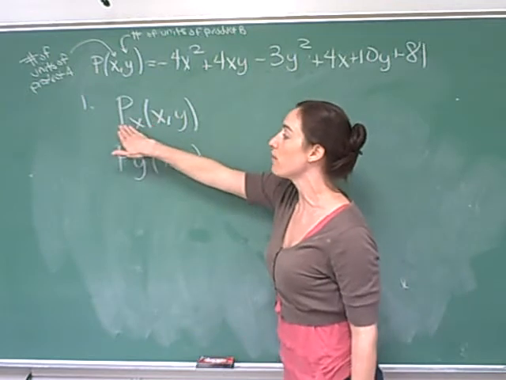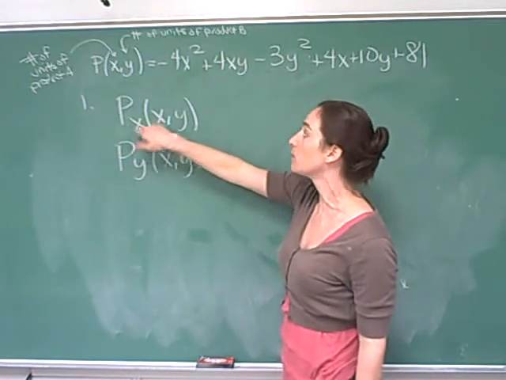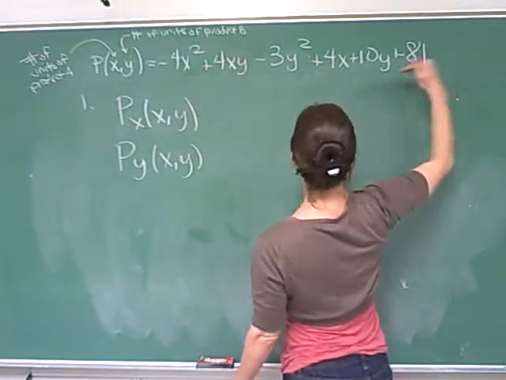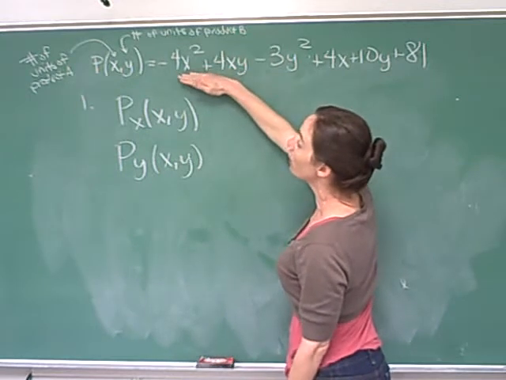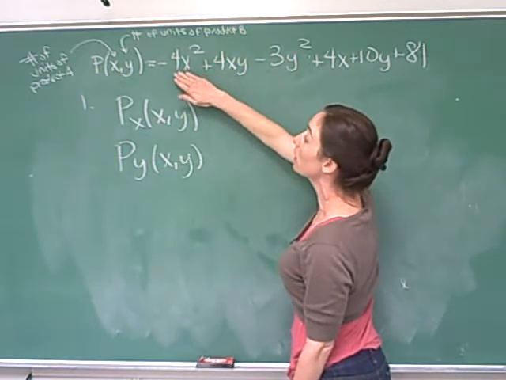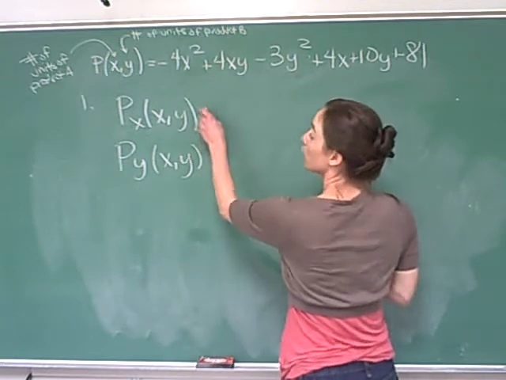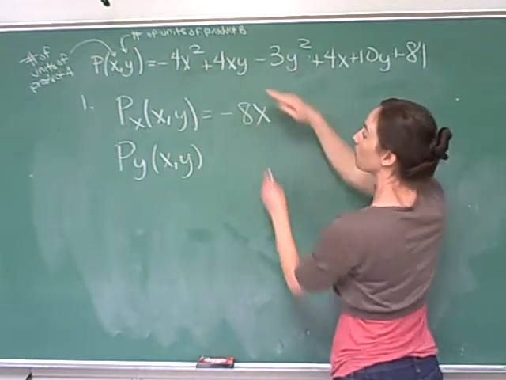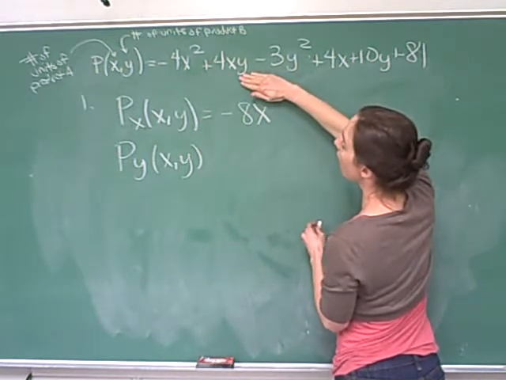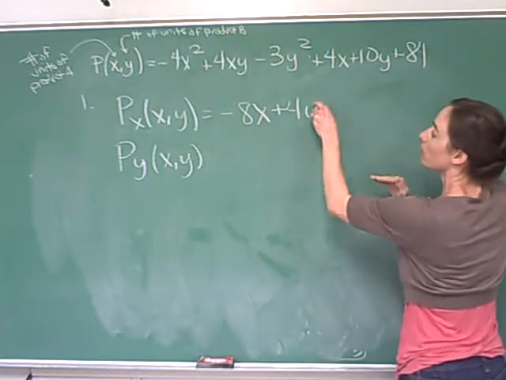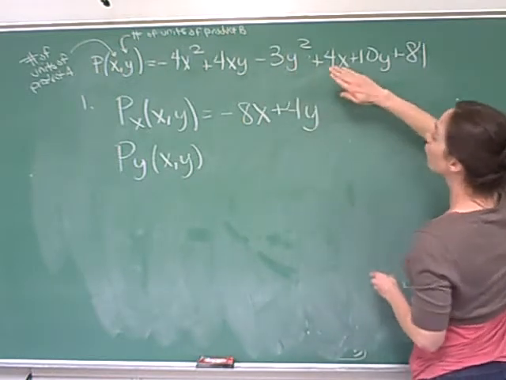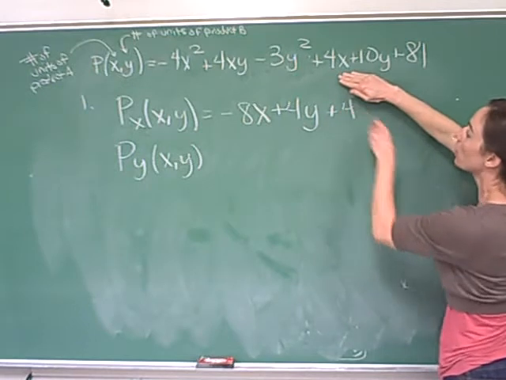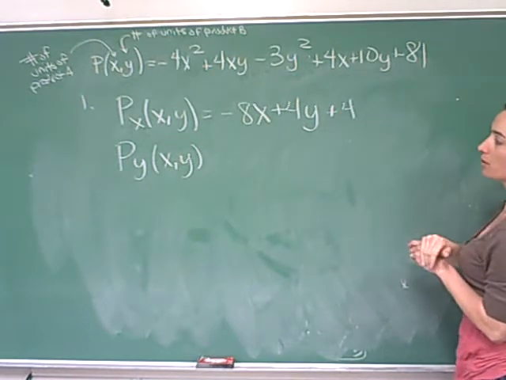So let's start with the derivative of the profit with respect to x. Okay, so going down the line term by term, the derivative of negative 4x squared with respect to x will just be negative 8x. Then I will have a 4y minus 0 plus 4 plus 0 plus 0. Okay.